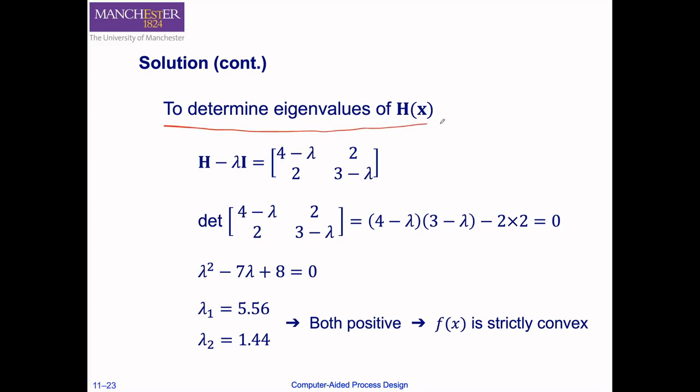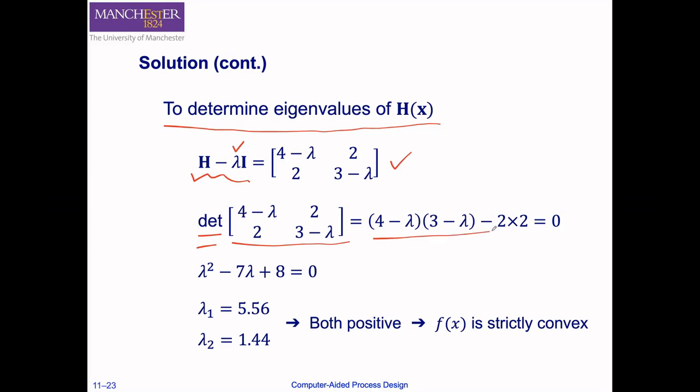To determine eigenvalues of the Hessian matrix, we need to obtain this matrix. Here, lambda is the eigenvalue. Then we obtain this matrix. We need to calculate the determinant of this matrix.